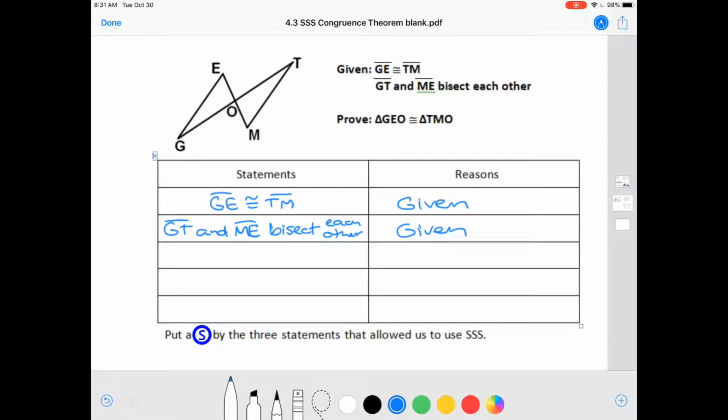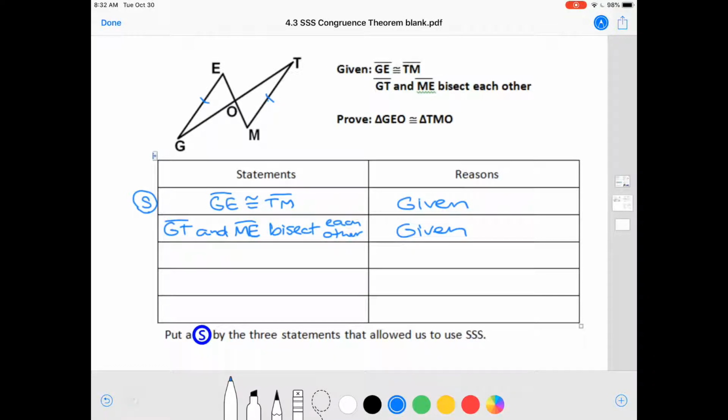And the answer is you should have put an S right here, because anytime something allows you to give yourself a tick, hopefully you did that on the diagram too. Anytime you put down a tick on the diagram, you can put an S in your proof.